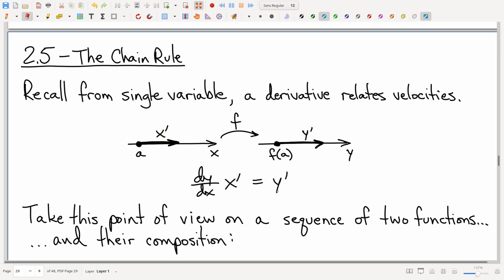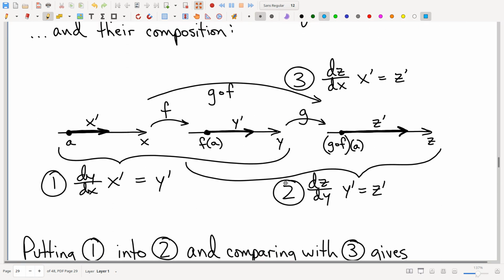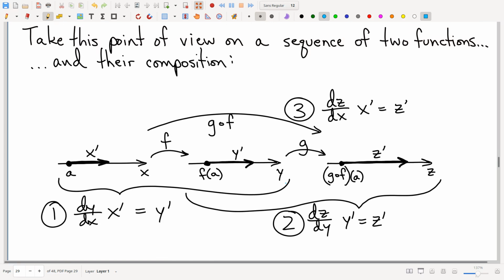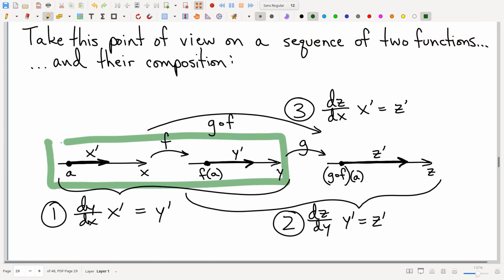And with that point of view in mind, let's now look at a composition of functions. For example, here's a single variable function. X is the input, y is the output. F is the function that does it. I can talk about the derivative of f, as described above, as the thing you do to input velocities to get output velocities. No problem.